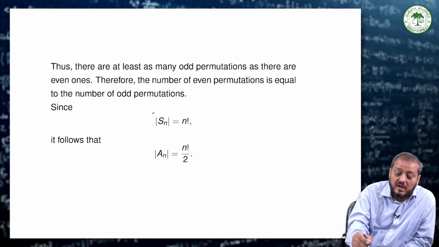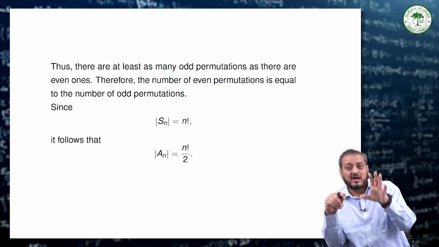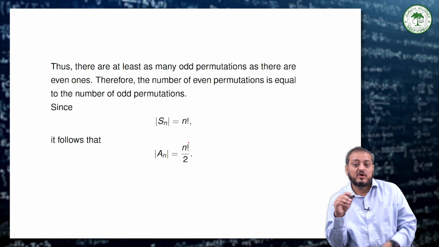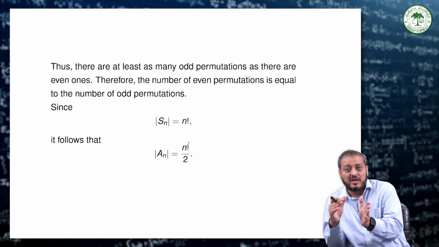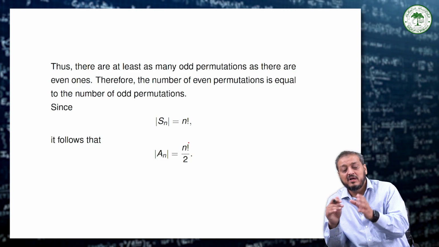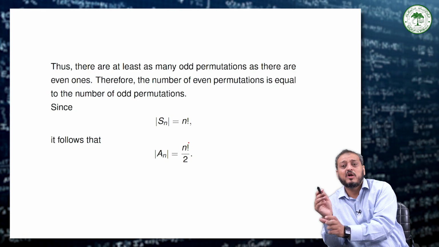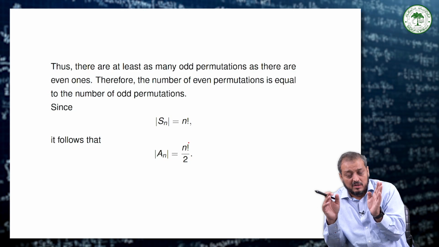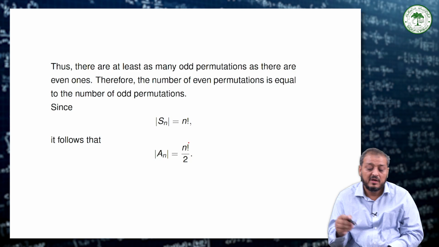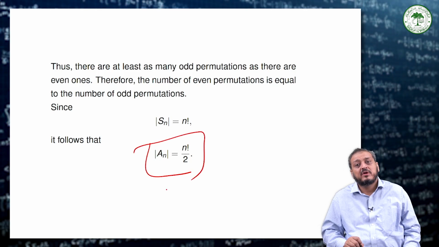Since we know that the order of Sn is n factorial, it follows that the alternating group, which is the collection of all the even permutations, has order n factorial by 2, because in Sn the numbers of even and odd permutations are the same.